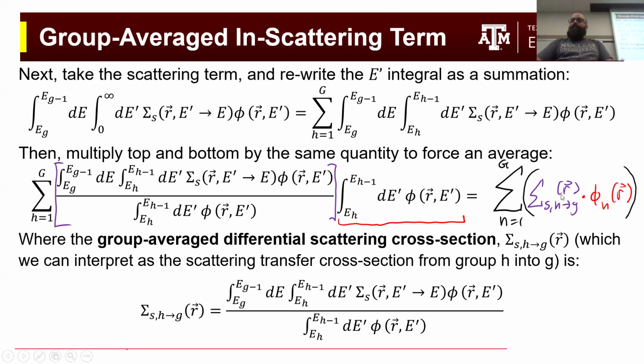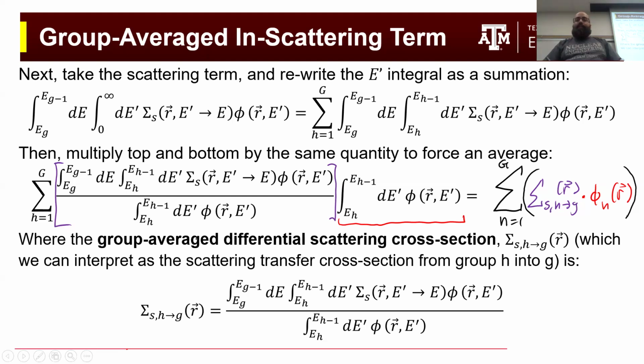If I look at just what's inside here, this would basically represent the scattering rate density of neutrons that scatter from group H into group G. And I might have a bunch of different groups, and all of those groups, little h, can possibly scatter into group little g. So that's why I'm summing up over all h's, because once I have the sum here, I'm accounting for all of the other groups that scatter into my little group of interest.